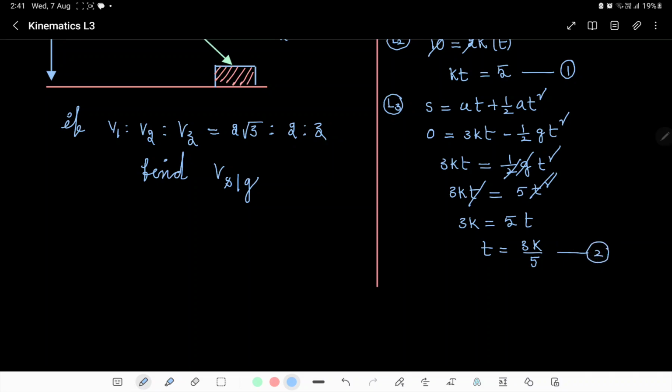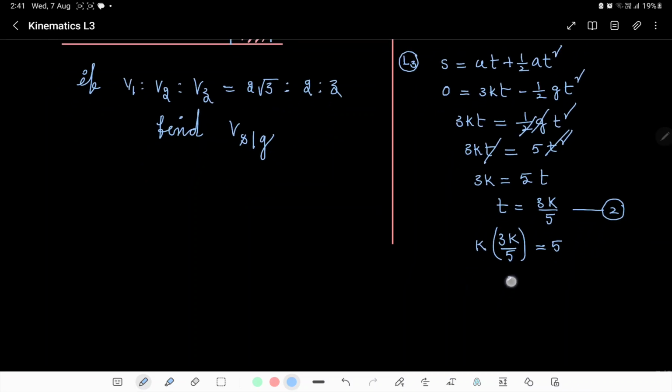Substitute equation 2 in equation 1: k into 3k by 5 will be equal to 5. Therefore 3k squared equals 25, and k is equal to 5 by root 3. So that was the k value.